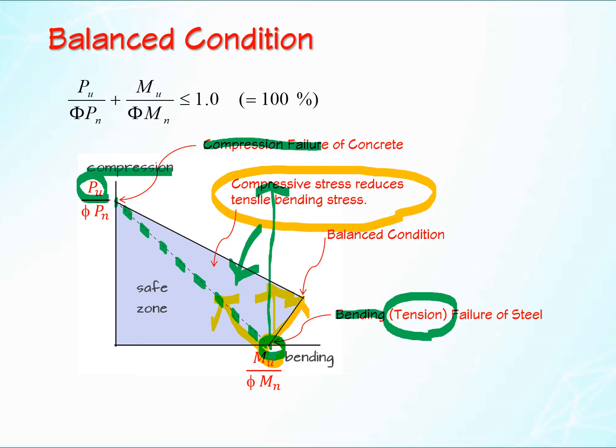And this point is very significant. We learned about balanced condition. This theoretical condition is represented by this corner. At this corner, concrete will crush and steel will yield at the same time, and we call it balanced condition.